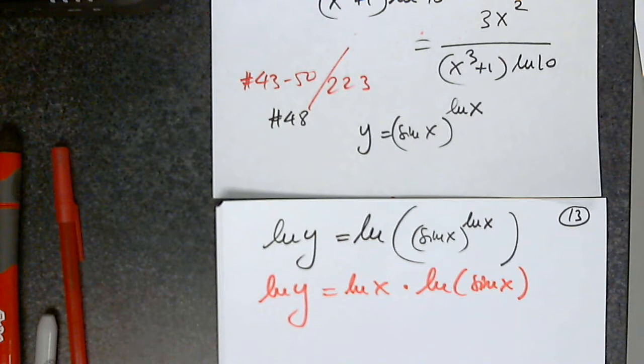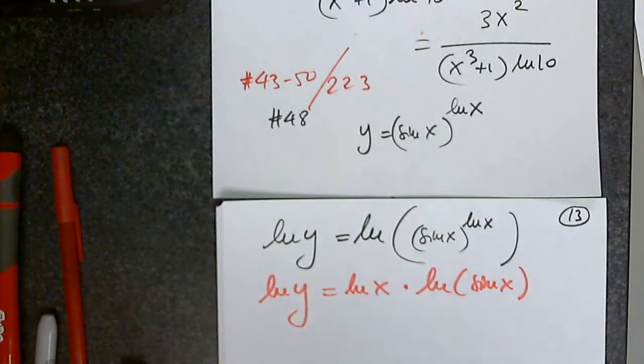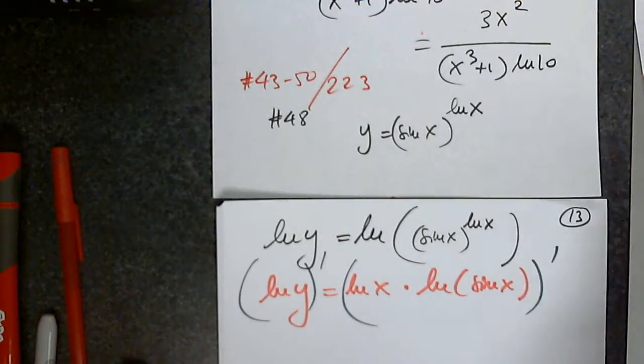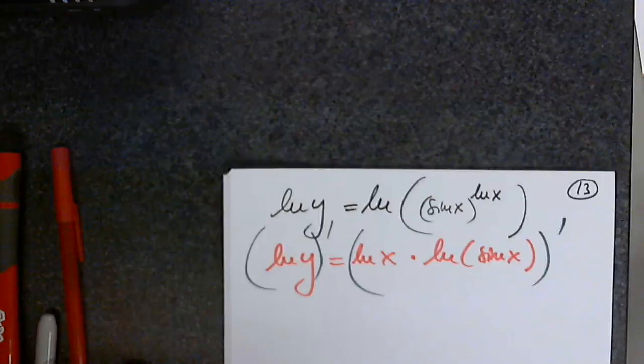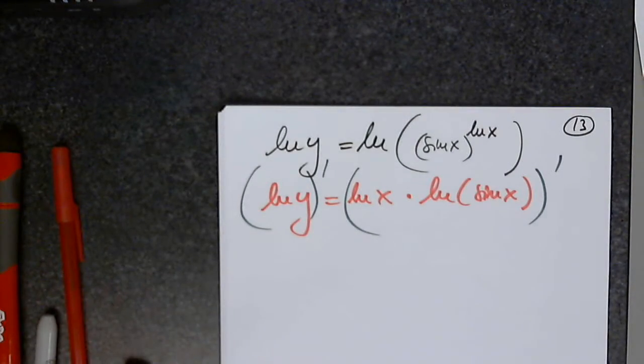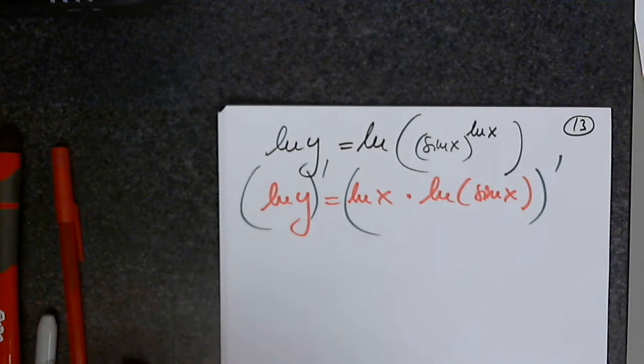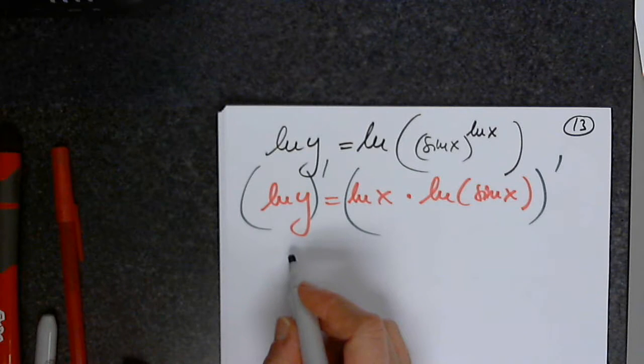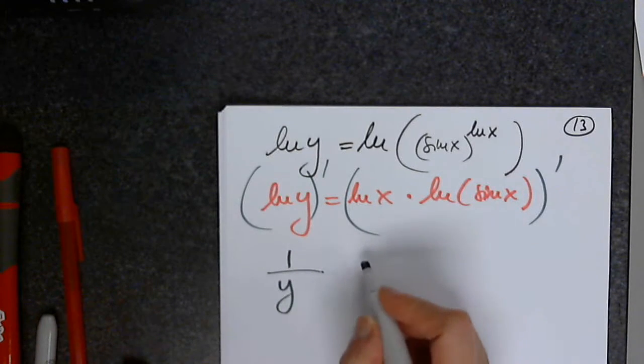Can we now differentiate both sides? Yes. How are we going to do that? What type of differentiation is this? How do we call it? Implicit differentiation. Let's differentiate the left-hand side. Very good.